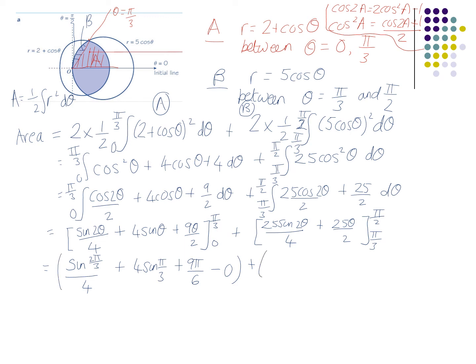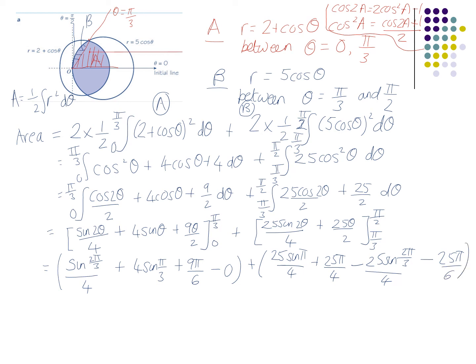Two limits to pop in for this, so 25 sine pi over 4 plus 25 pi over 4 minus 25 sine 2 pi over 3, remember the over 4, remember this is minus as well, 25 pi over 6. So pop your limits in carefully.